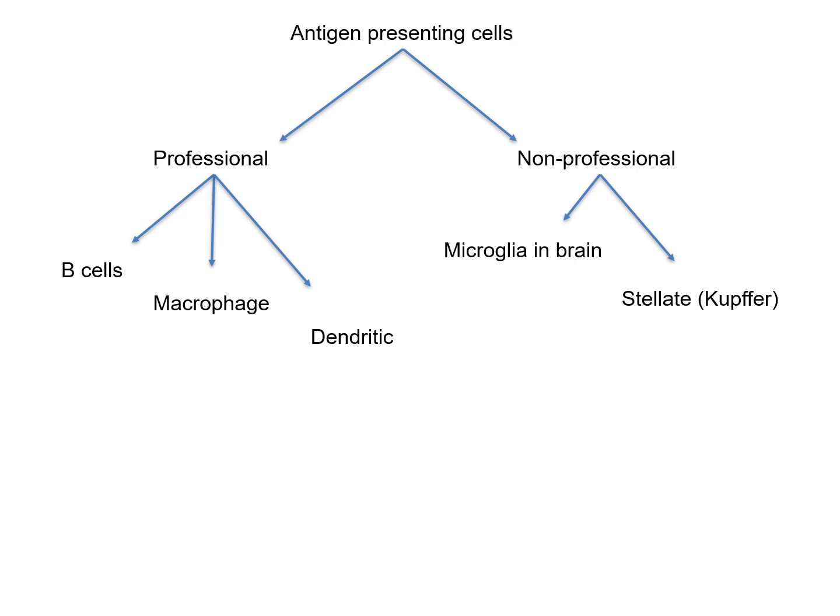The professional ones include B cells, macrophages, and dendritic cells. So I might just refer to them as APC. There are also some non-professional antigen presenting cells, microglial cells in the brain, and Kupffer cells in the liver.